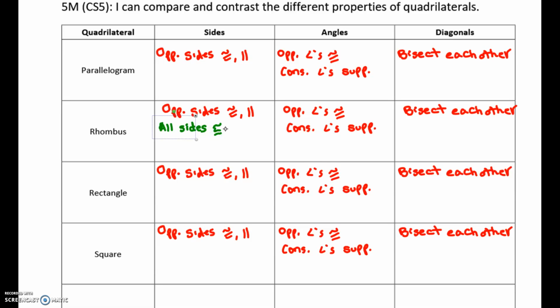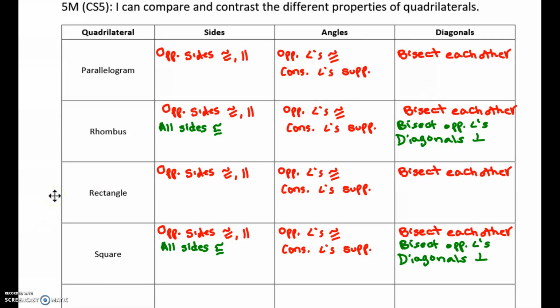And that my diagonals go a little bit further and they bisect opposite angles, and the diagonals are also perpendicular. And the cool thing about rhombus, a square is a subset of rhombi. So if we can say something for a rhombus, we can also say it for a square, just like so.